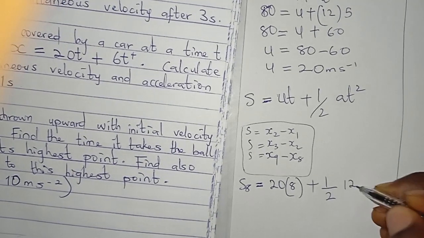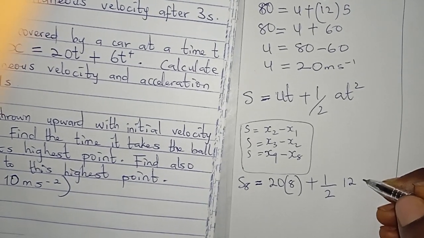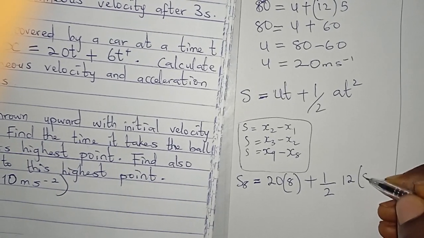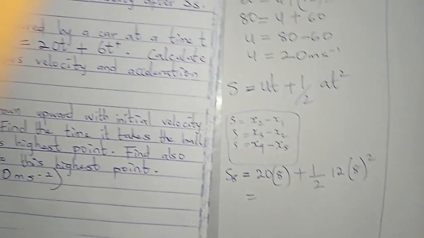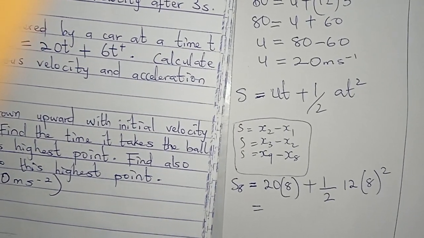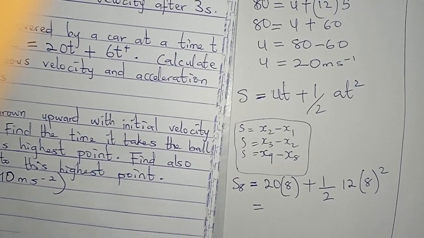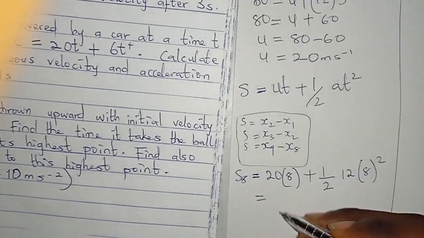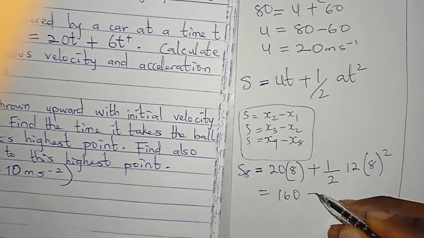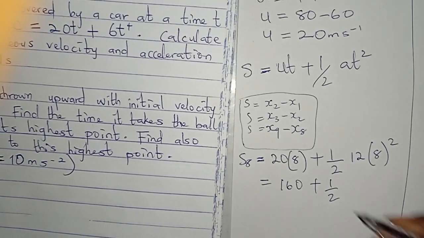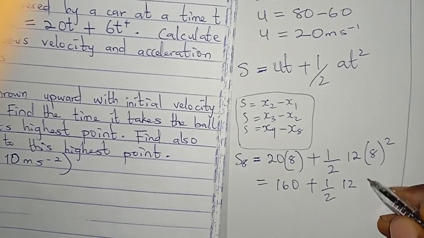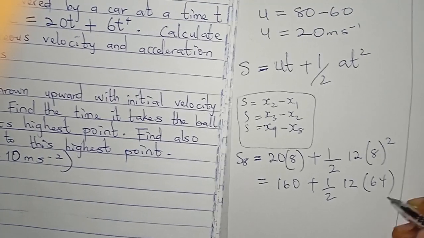Our acceleration is 12. Then our t is 8, all square. So this should give me 20 into 8, 160, plus half of 12 times 8 square, and 8 square is 64.